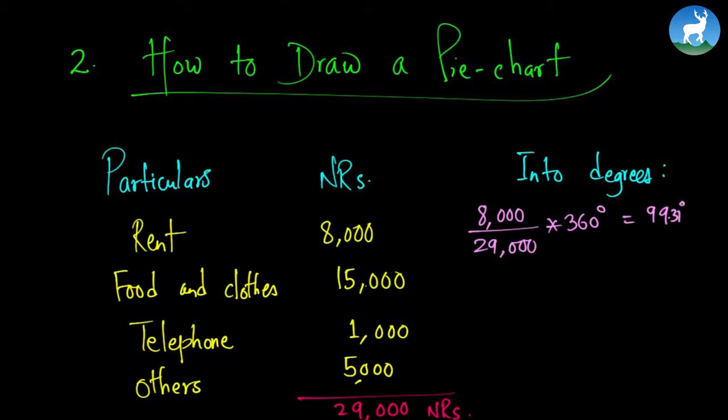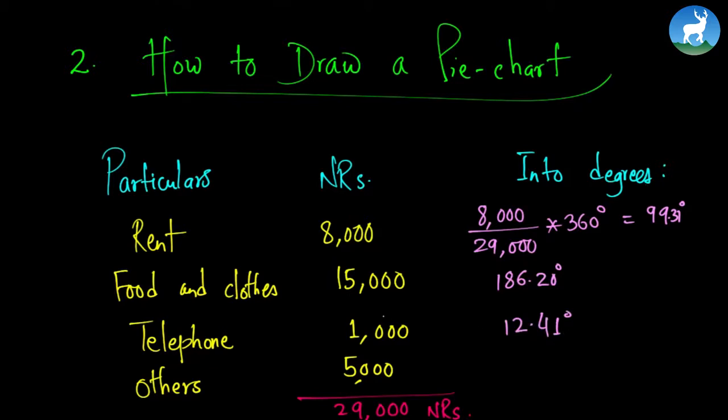Now let's convert 15,000. 15,000 divided by 29,000 multiplied by 360, that's roughly 186.20 degrees. Let's convert 1,000 into degrees. 1,000 should be divided by 29,000 and the result multiplied by 360, which results in 12.41 degrees. Use your calculator.